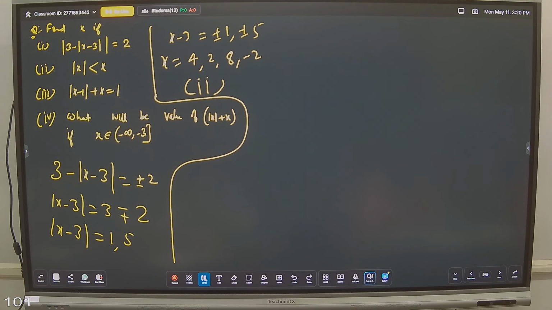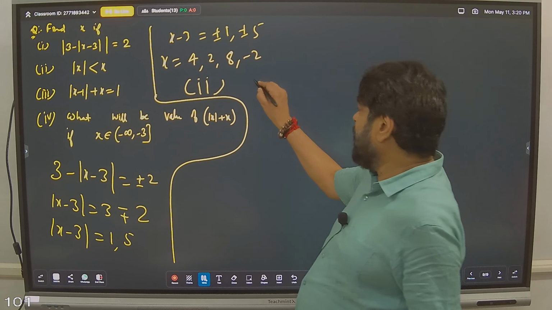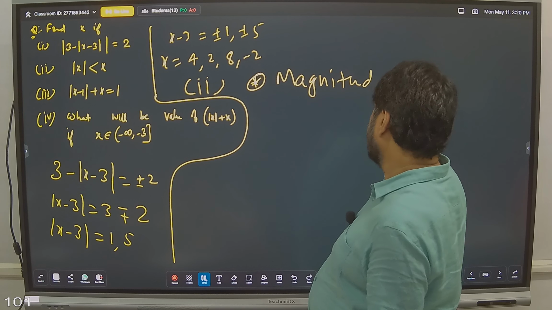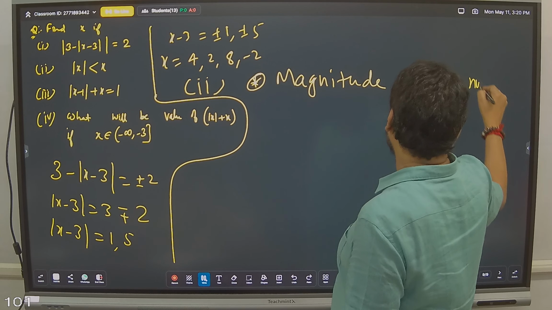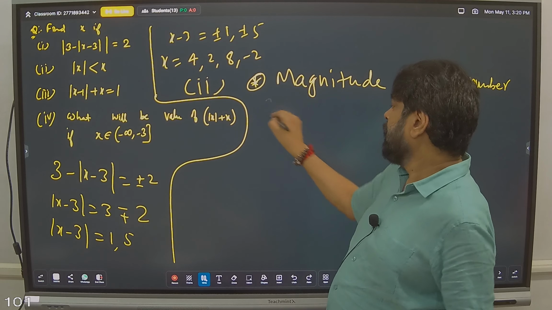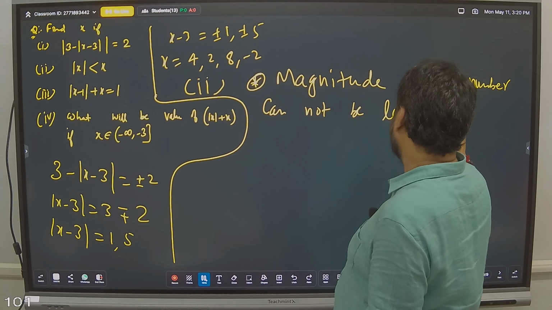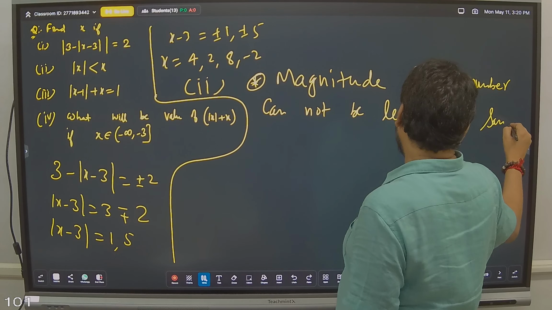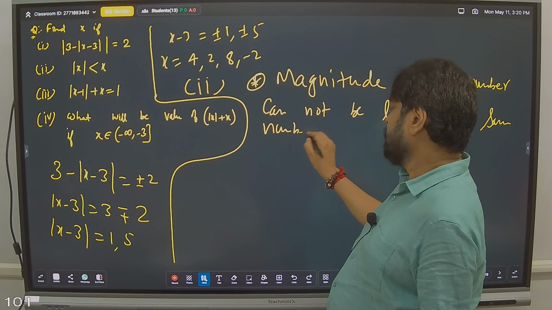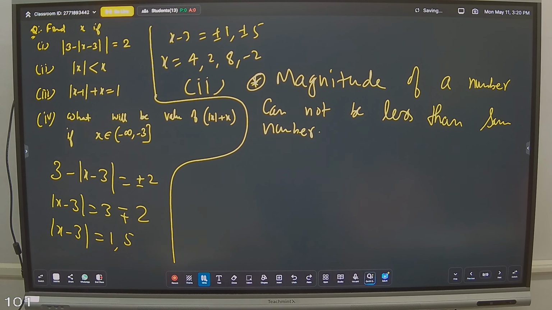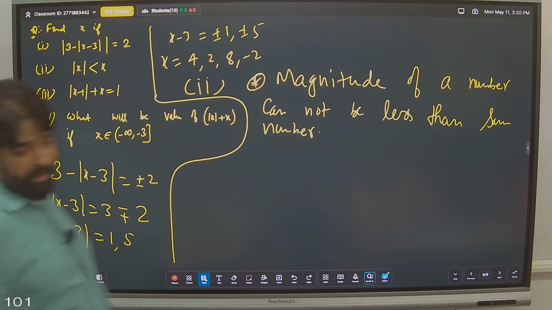Magnitude of a number cannot be less than the same number. Understand my point? Magnitude is always bigger than or equal to, but it cannot be less than.